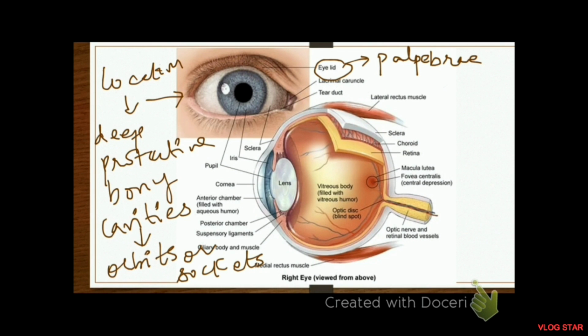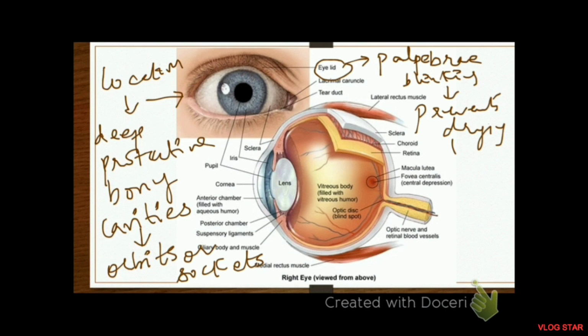The role of the eyelid is that it covers the eyes and blinks the eye. So what is the purpose of blinking the eye? Blinking is very important. Why? Because it prevents drying of the eye.